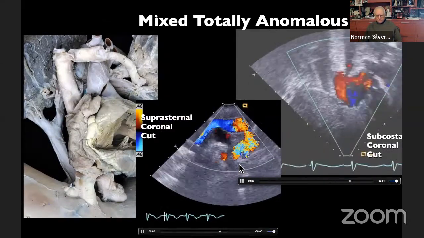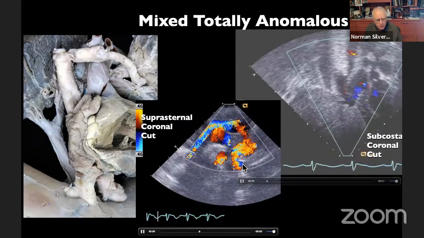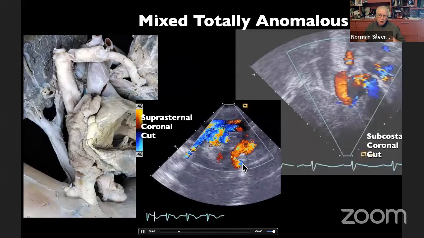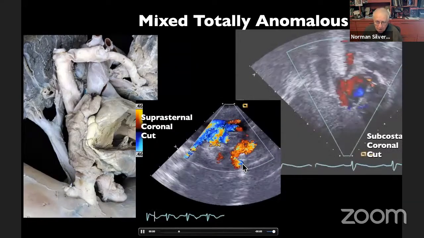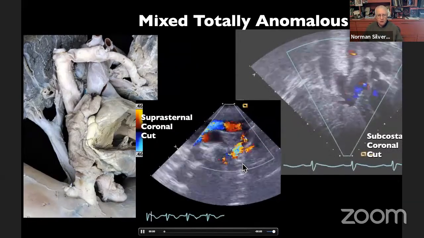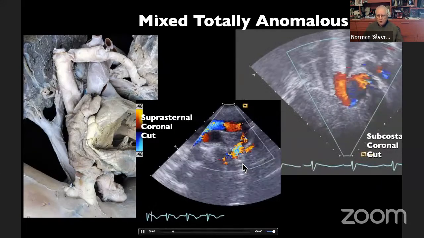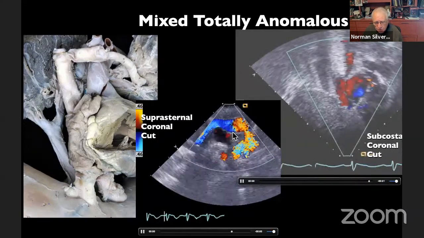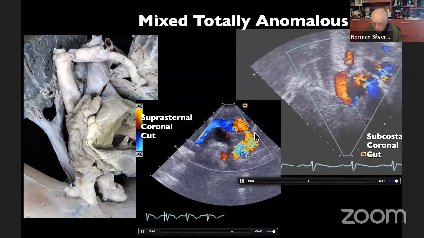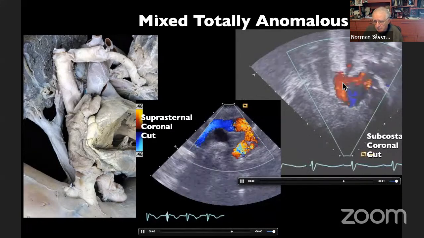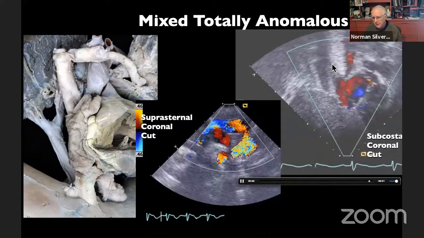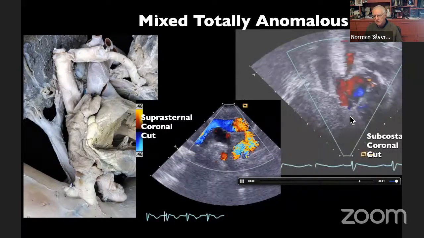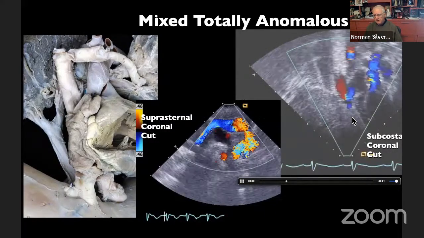So the interesting thing about mixed veins is that when you've studied a number of patients with mixed pulmonary veins, you will see all of the types of anomalies that occur with partial anomalous pulmonary venous return. And so you can apply this back to partial anomalous pulmonary venous return, or look at all of your experience with mixed pulmonary veins, and you will see all the different types of partial anomalous pulmonary venous return as well.